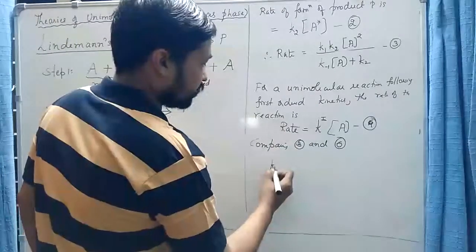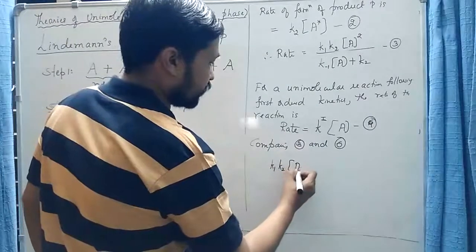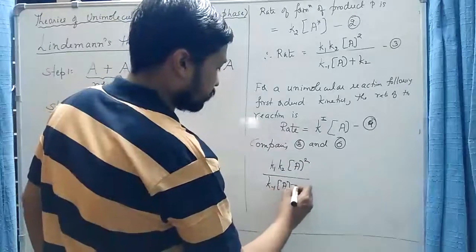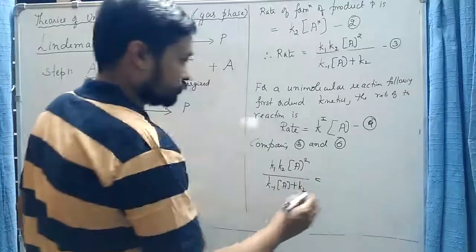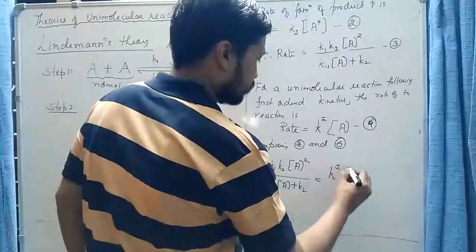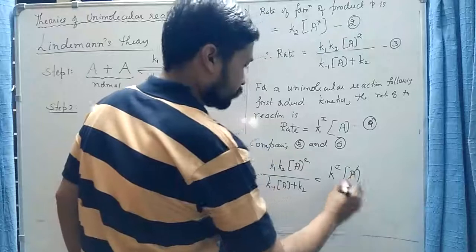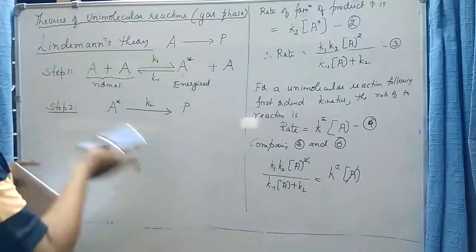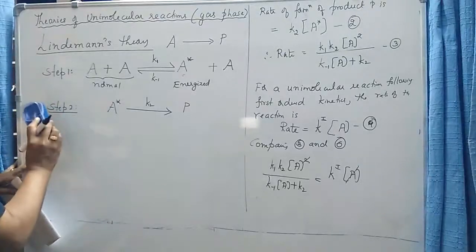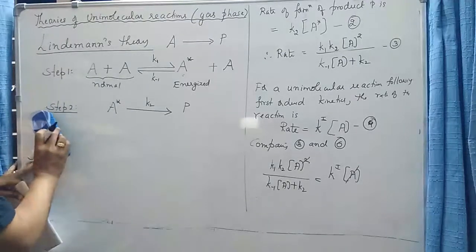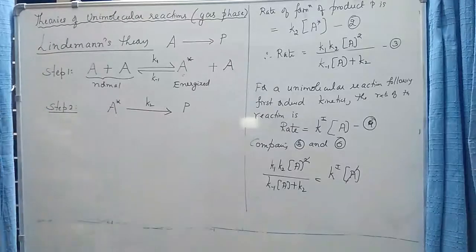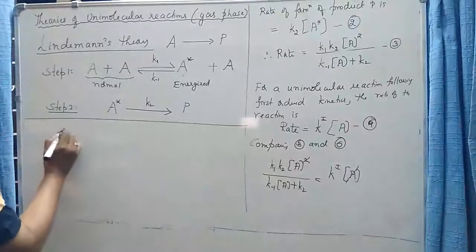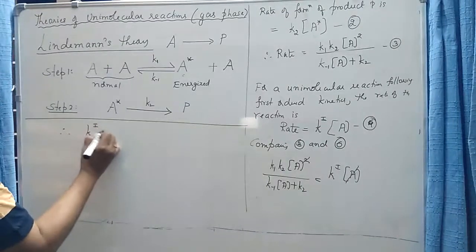You get K1 into K2 into A square divided by K minus 1 into A plus K2 is equal to K1 into A. So if I cancel one of the A terms, we get an expression for K1.